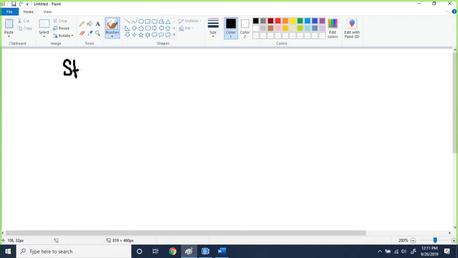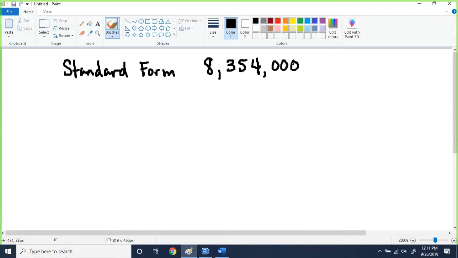So we'll start with standard form. The number is going to be 8,354,000. And we need to convert this to scientific notation.